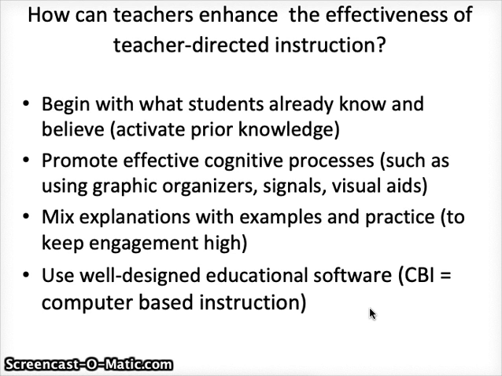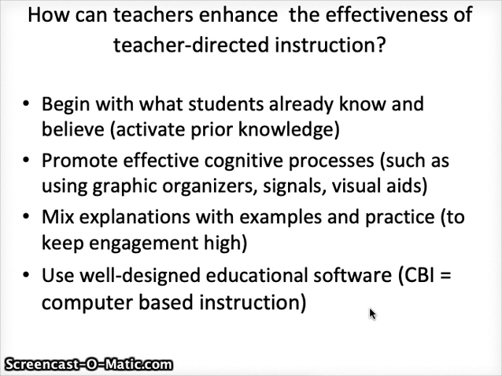Visual aids help students who are better at remembering things by looking at a picture, for example, versus just words, okay? So using different kinds of things that promote effective cognitive processes. Using explanations, but examples and practice as well, keeps the engagement high for students.